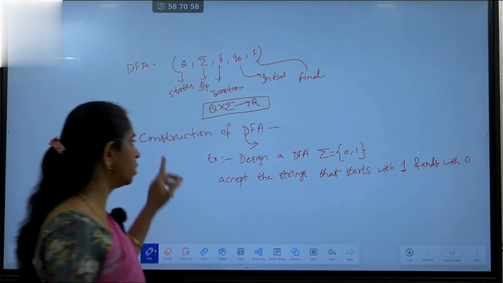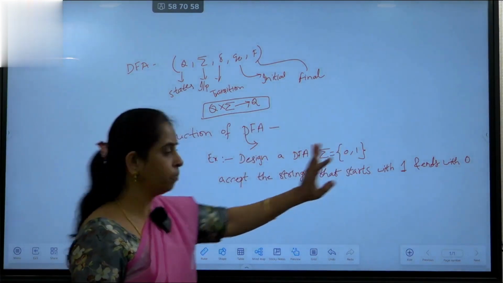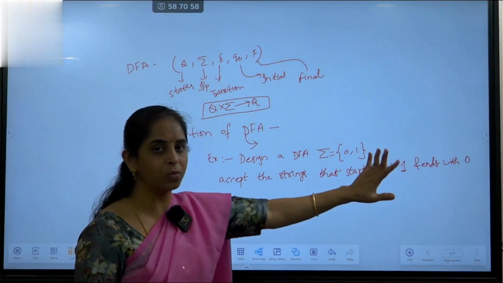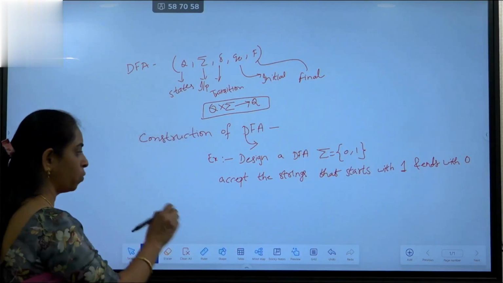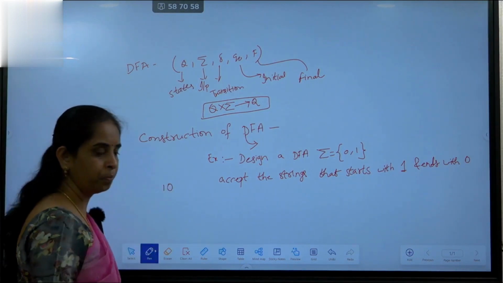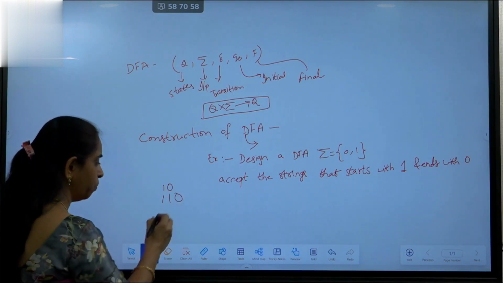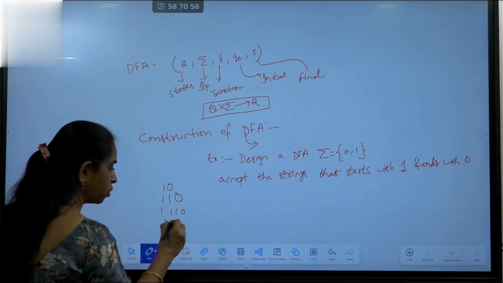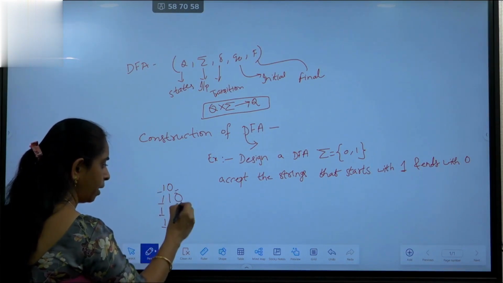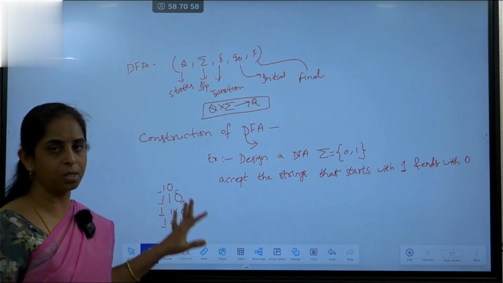So we have to construct the deterministic finite automata with input alphabets 0, 1, accepting strings that start with 1 and end with 0. First we write the strings: 1 0, 1 1 0, 1 1 1 0, 1 0 1 1 0. Always we take strings that start with 1 and end with 0, and based on these strings we construct the DFA.